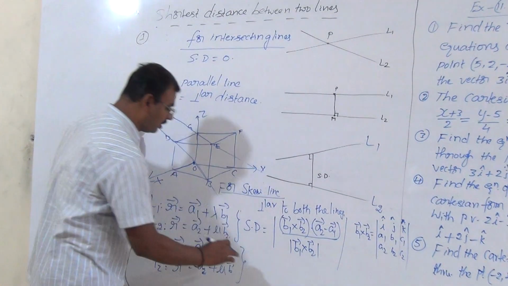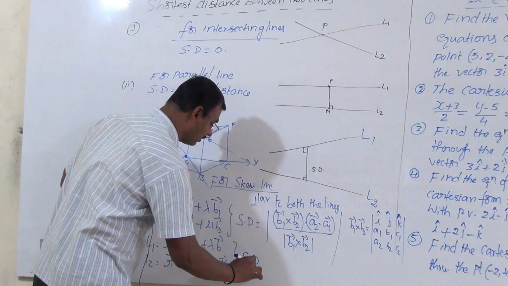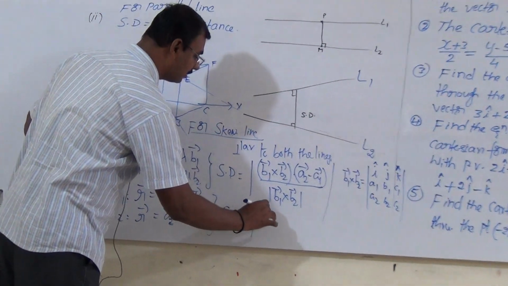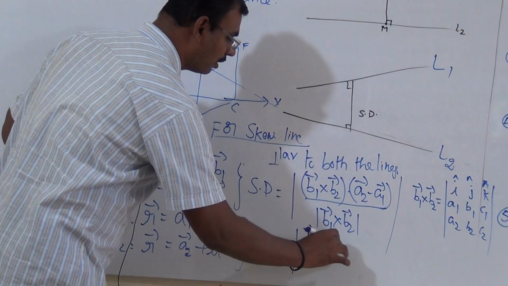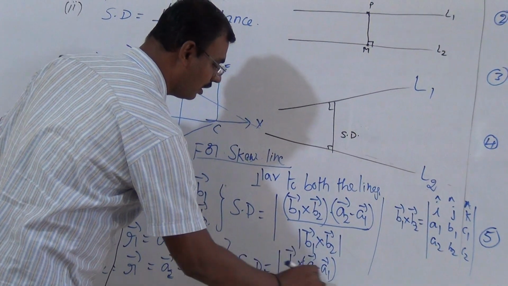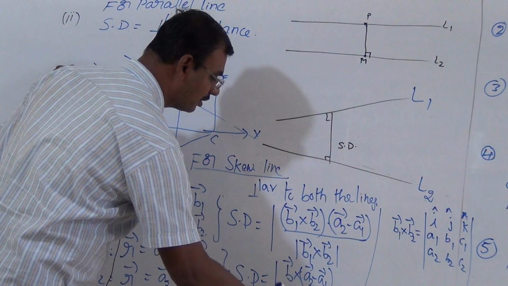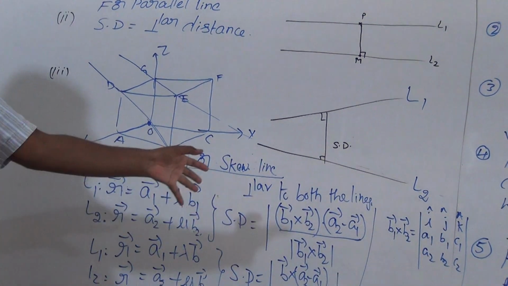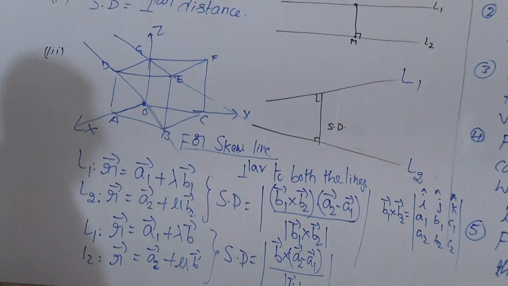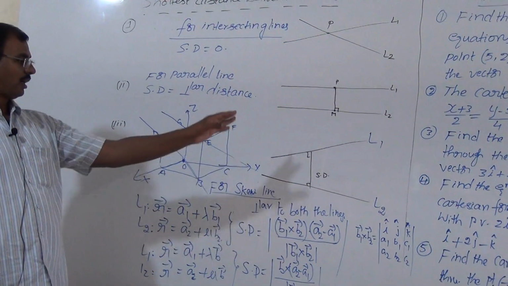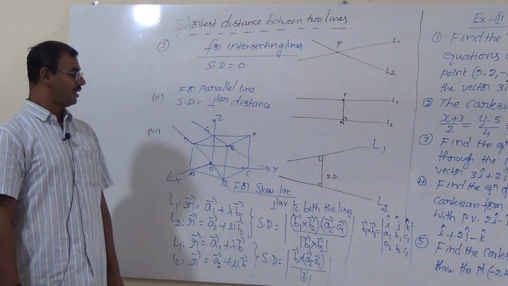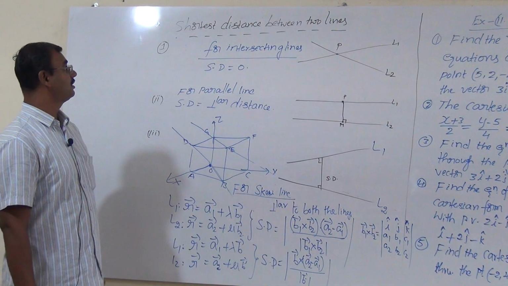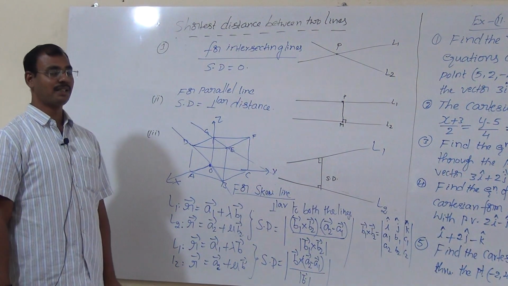So what is the shortest distance for parallel lines? That is equal to magnitude of B bar cross A2 bar minus A1 bar, divided by magnitude of B bar. To determine the cross product, we have to use the determinant method. So this is about the shortest distance between two lines in space.